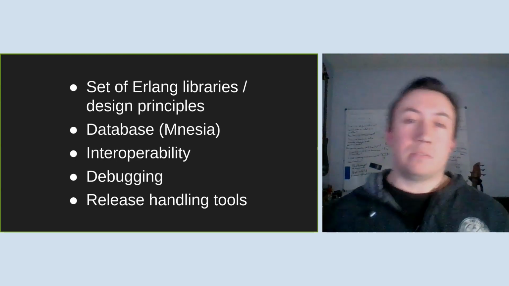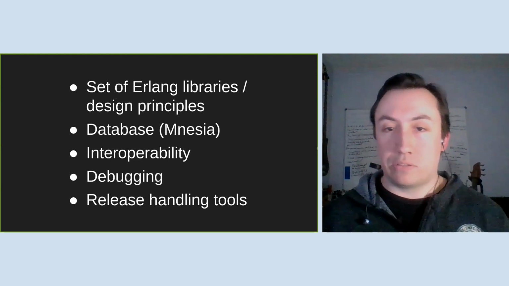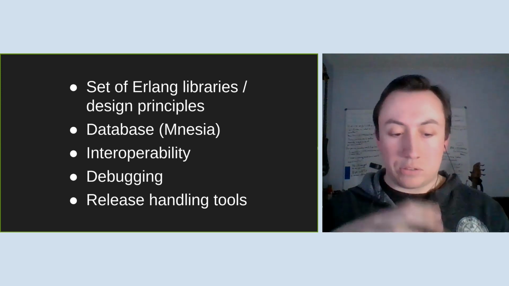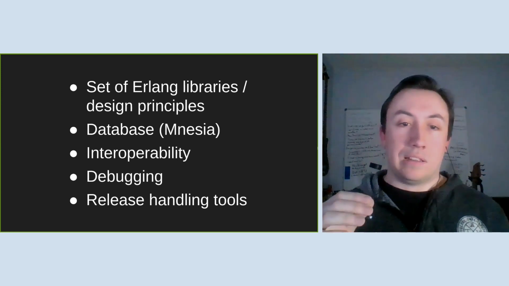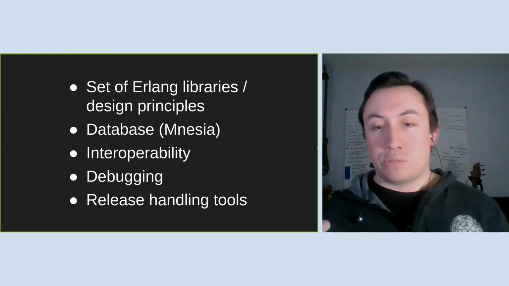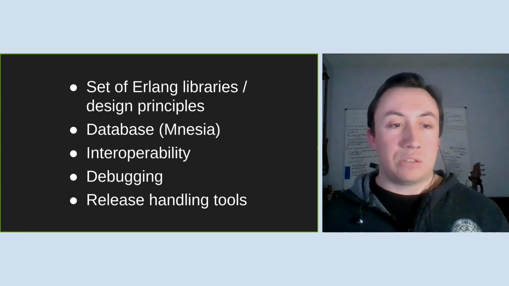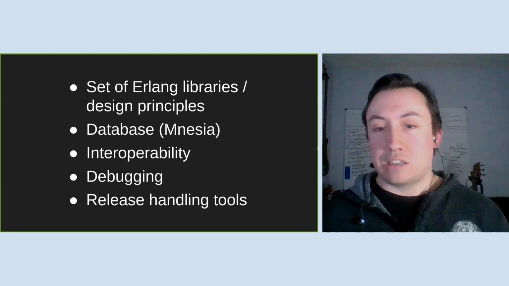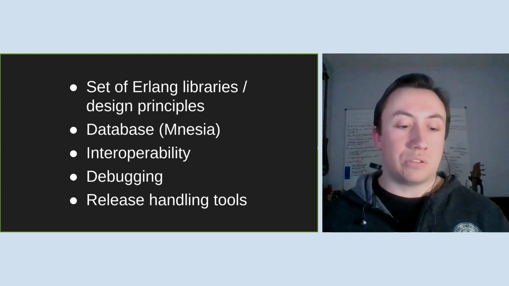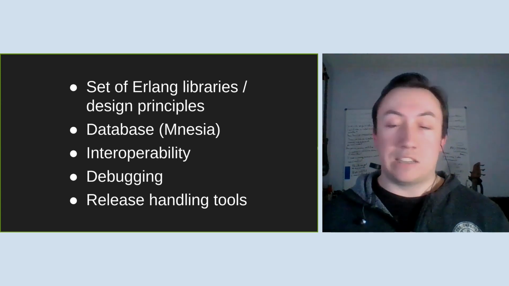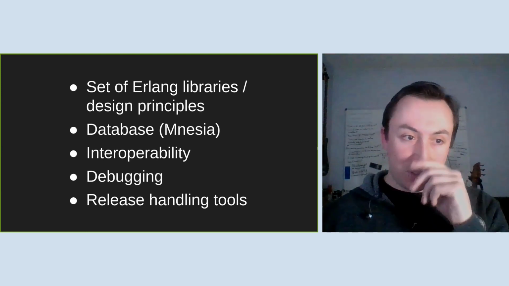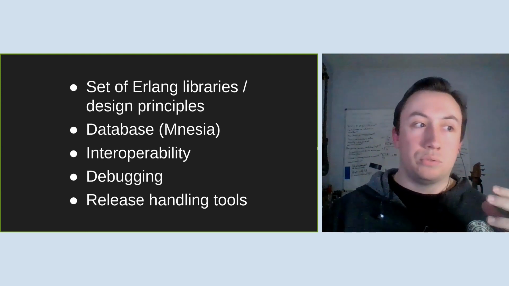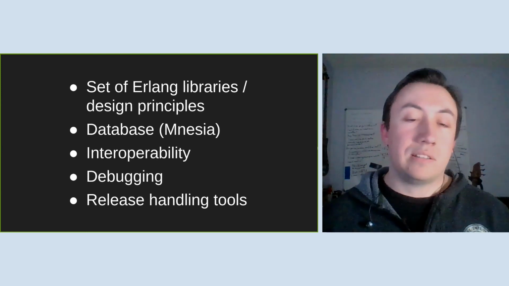Then OTP. OTP is a set of Erlang libraries and design principles. Inside all those libraries, there is one database, which is Mnesia, which can be used either as a cache database or also as a classical database. So it will be more linked to NoSQL than SQL.